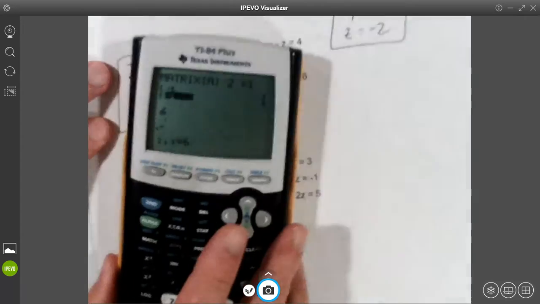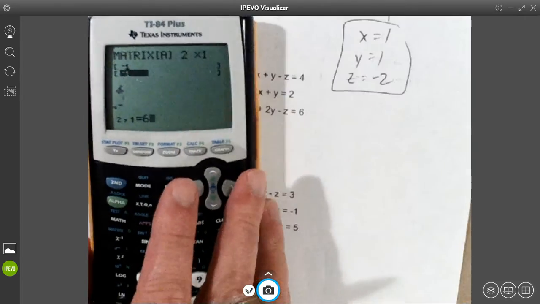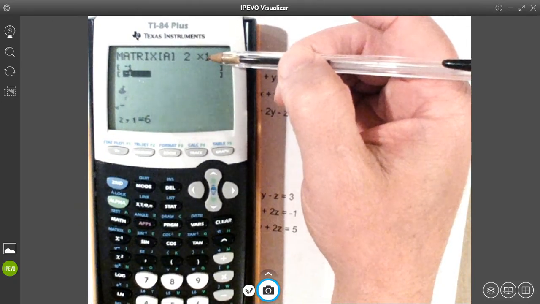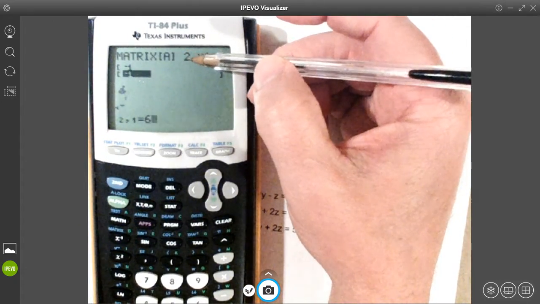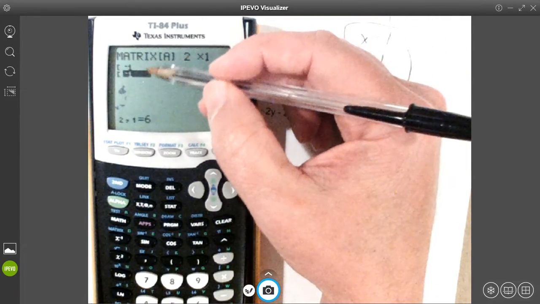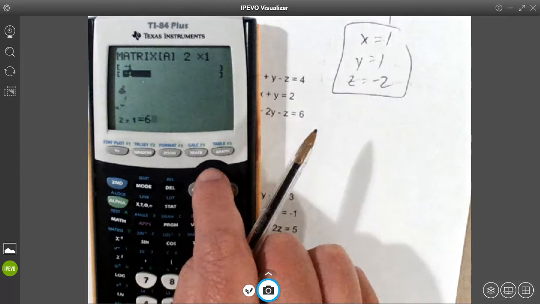Whoops. I made this mistake on purpose just to show you guys what not to do. When I started entering my data, I forgot to hit enter and enter, so it was doing a 2 by 1 matrix, 2 rows by 1 column. So all that I just did was completely useless.